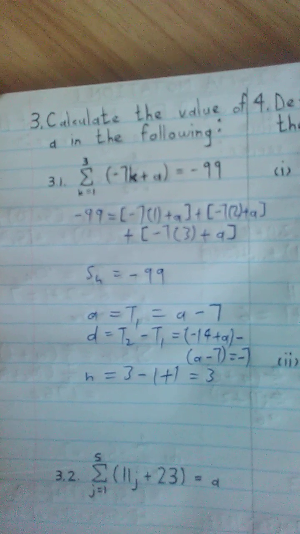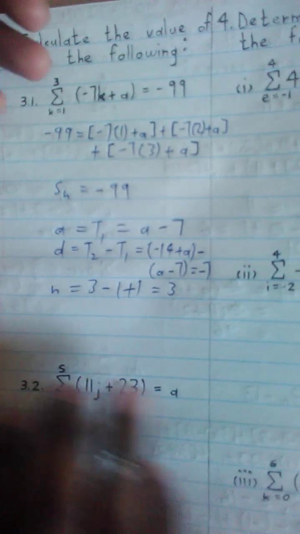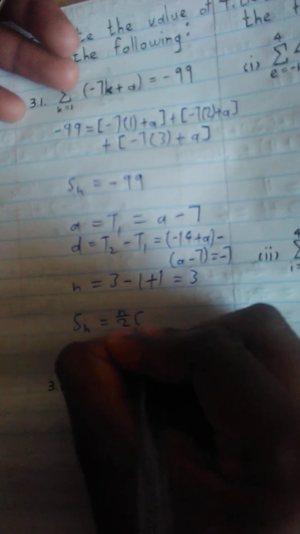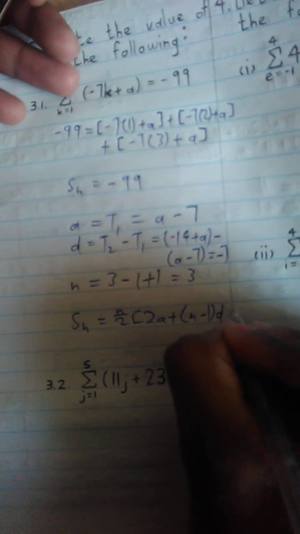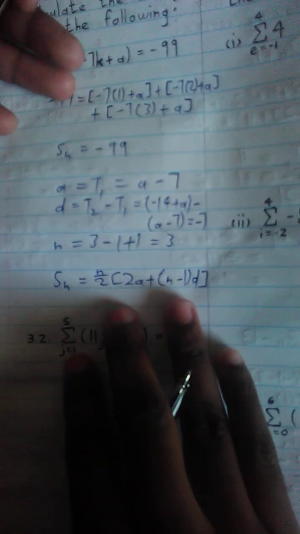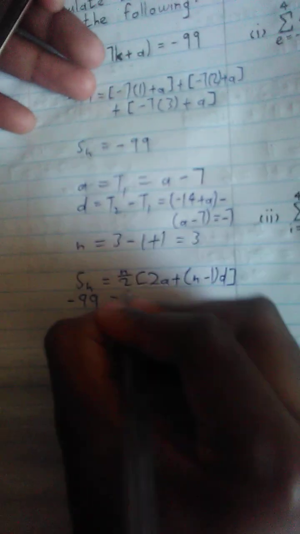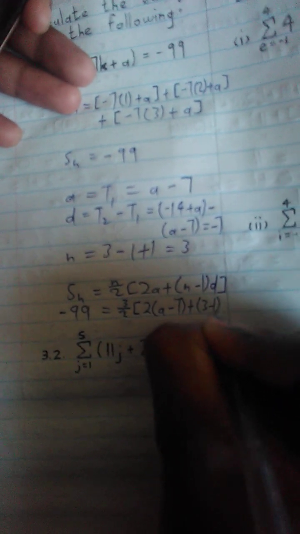Okay, I'm going to need extra space, so I'm going to create it. So negative 99 is equal to 3 over 2, 2a is a minus 7 plus 3 minus 1 times d is negative 7.